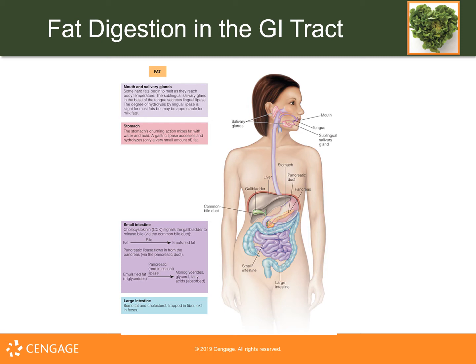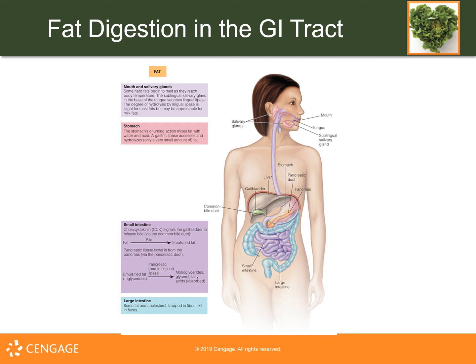Now addressing this slide, fat digestion in the GI tract. We've talked about how digestion starts in the mouth. We have lingual lipase from salivary glands, and that has a minor role in fat digestion for adults. We have muscle contractions of the stomach, which make some larger fat molecules into smaller droplets.